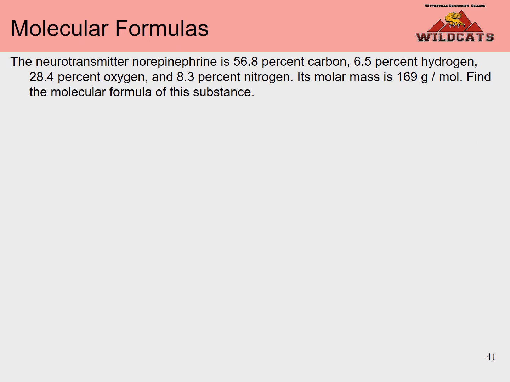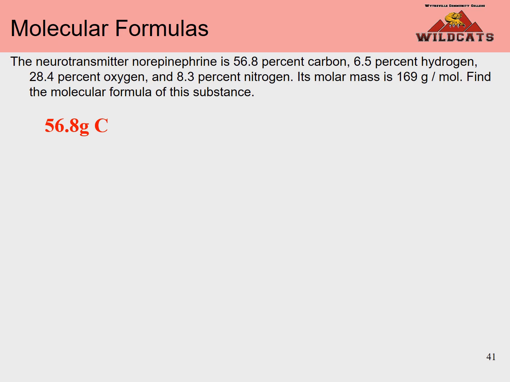So here we've got a neurotransmitter, norepinephrine, and if you notice, it's got percents. It doesn't have masses in it. But remember, our percents are percent by mass. So all I'm going to do is assume I have a 100-gram sample, because it really doesn't matter what size sample I use. The ratio is going to be the same.